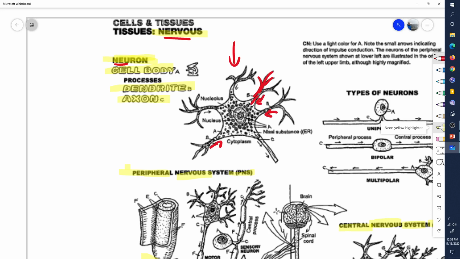And notice how this is a cell like any other. It's got a nucleus and a nucleolus. We know all that happens inside the nucleolus, the genetic information and the duplication of our DNA and chromatin, if you recall. And the cytoplasm is this area outside the nucleus.